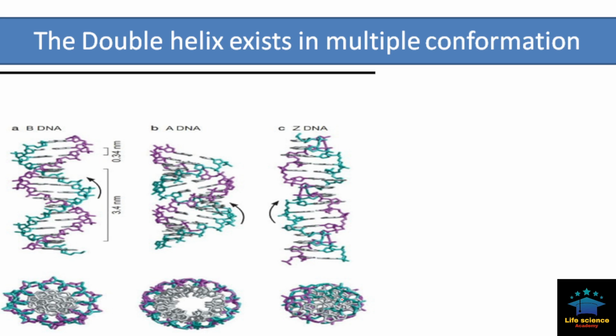So there is a comparison of structural properties of A, B and Z forms of DNA, which are derived from X-ray analysis.